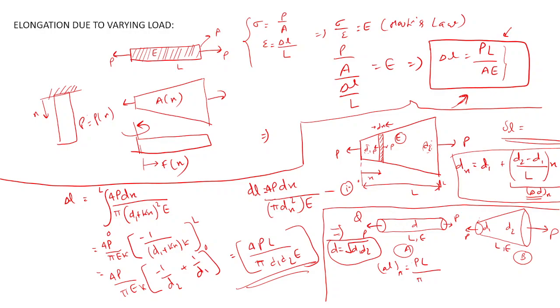So PL by pi by 4 d square E. Now coming to the delta L of this B, it would be the same formula, 4PL by pi d1 d2 E. Now, when both are equal, 4PL by pi E is on both sides, so D square should equal d1 d2.